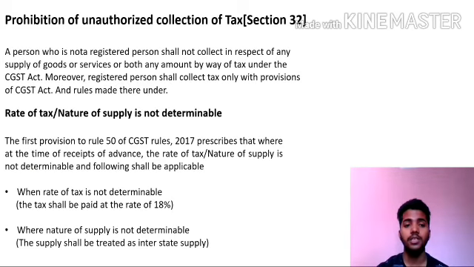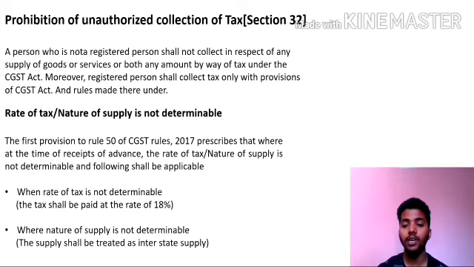A person who is not a registered person shall not collect tax in respect of any supply of goods or services, or both, any amount by way of tax collected under the GST Act. Moreover, registered persons shall collect tax only in accordance with the provisions of the CGST Act and rules made thereunder. So guys, there is no one who can collect tax in any unauthorized way.